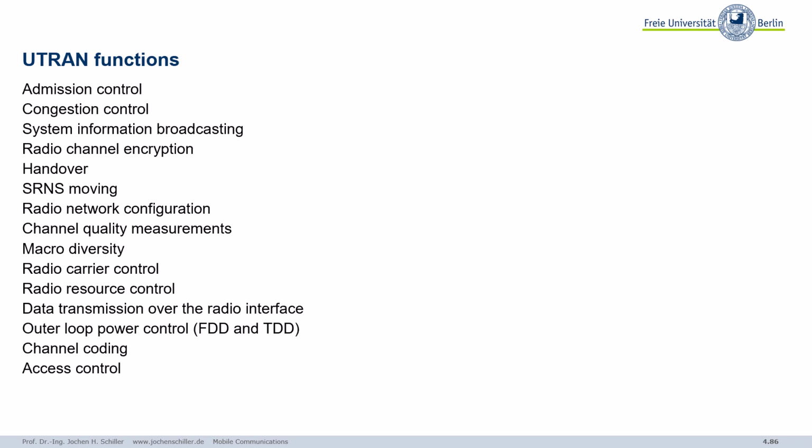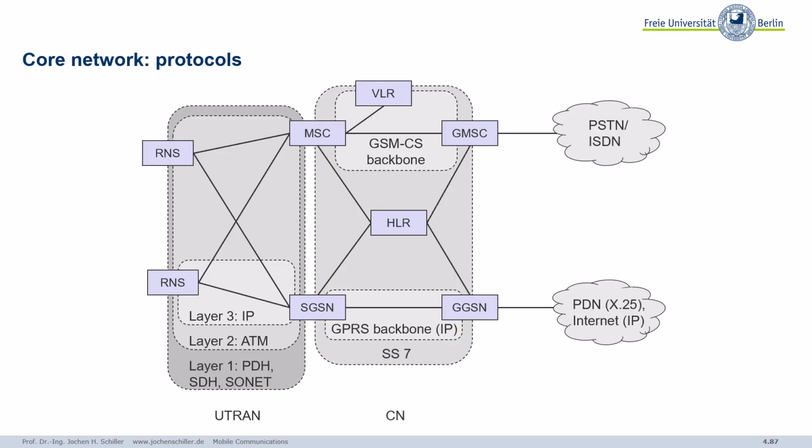So now you saw the architecture and some of the functions. And now, what has this to do with GSM? Well, first of all, let's have a look at the components inside the network. Somewhere here is our user equipment.